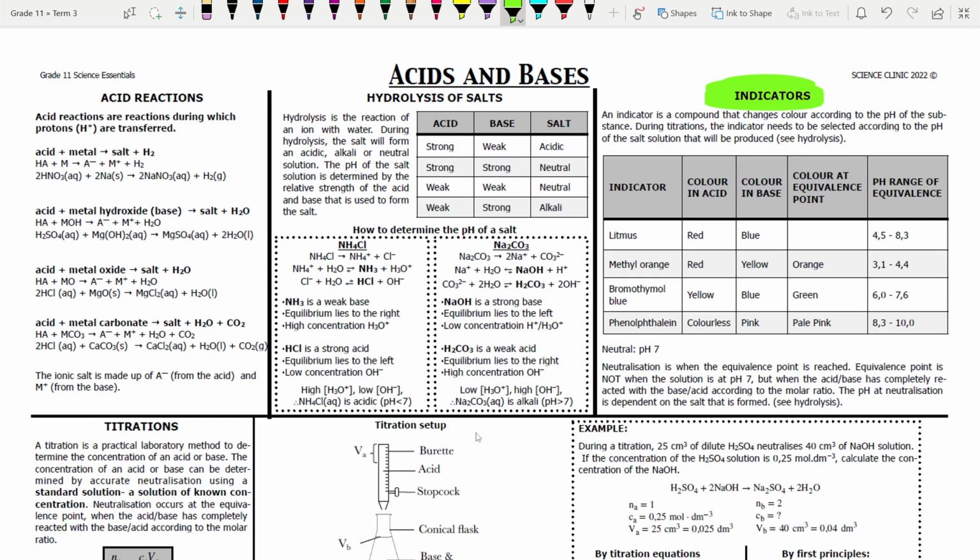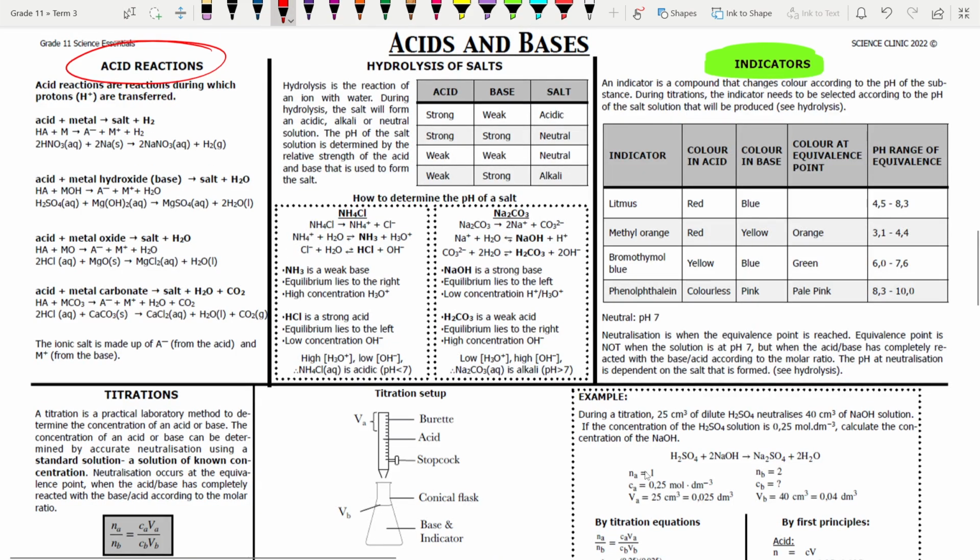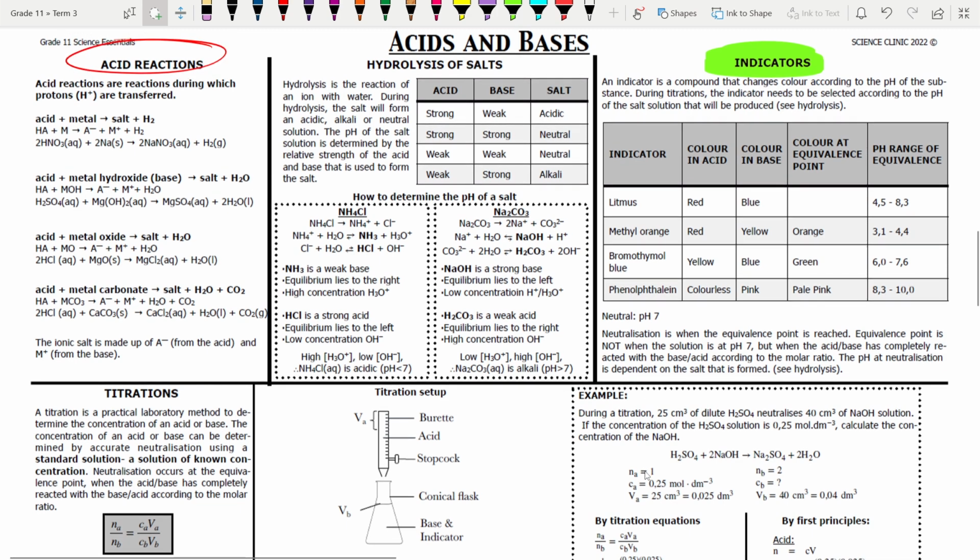But for today I want us to talk about acid reactions. We say that acid reactions are reactions during which protons are transferred, and obviously we know that an acid will always donate this proton.